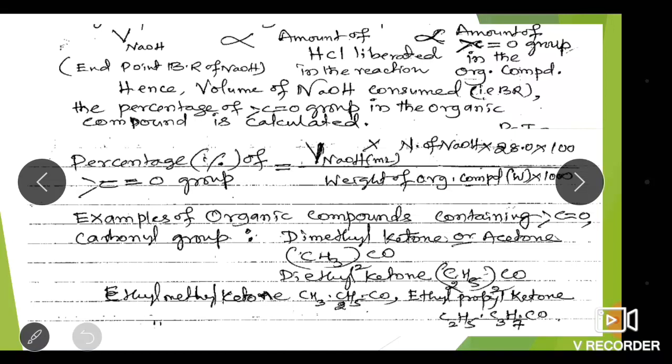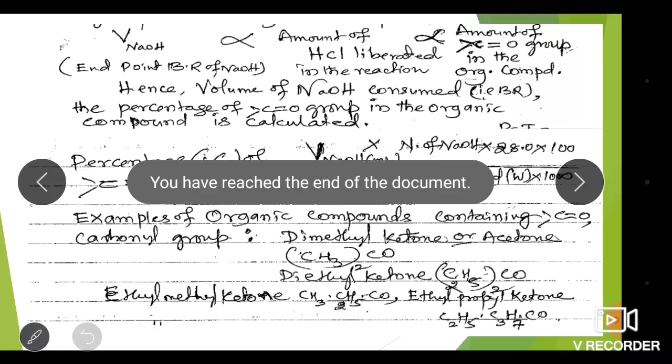Percentage of carbonyl group is equal to volume of NaOH in ml times normality of NaOH times 28, that is the molecular weight of the carbonyl group, times 100, divided by weight of organic compound times 1000. Examples of organic compounds containing carbonyl group are dimethyl ketone or acetone, diethyl ketone, ethyl methyl ketone, and ethyl propyl ketone.